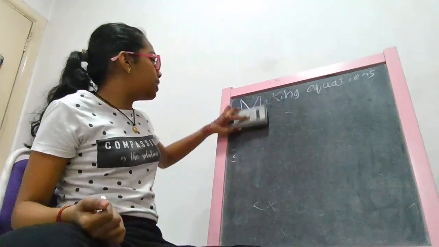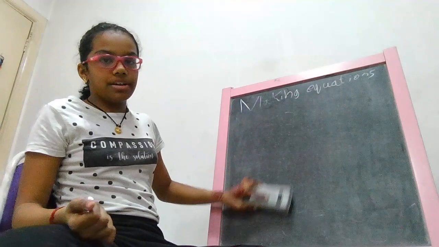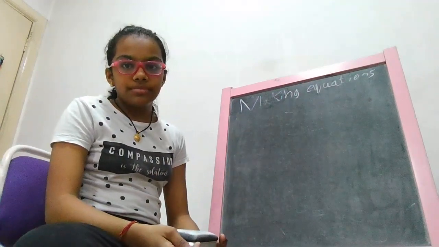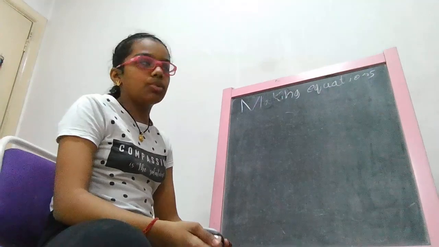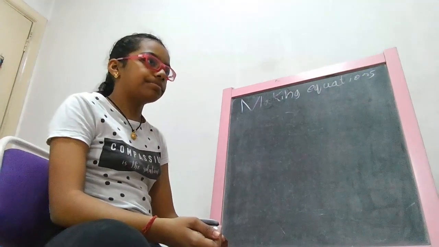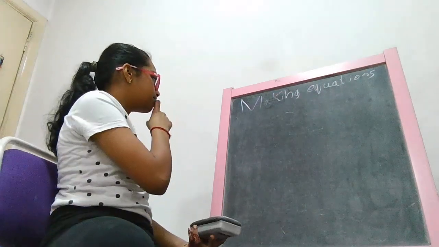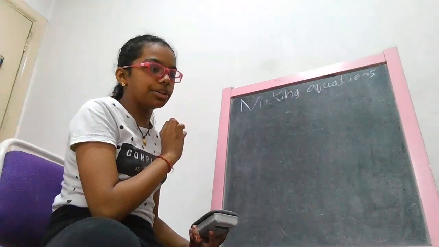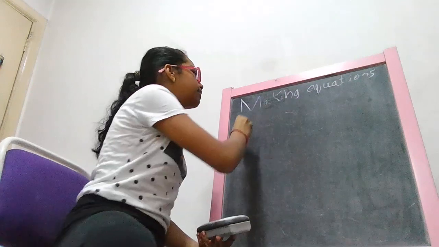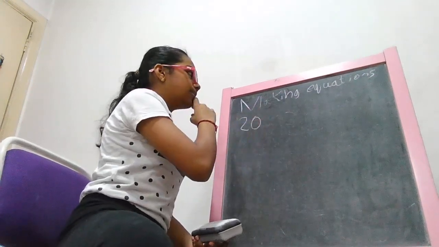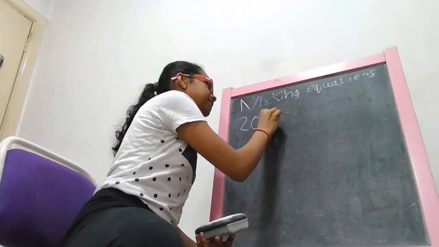Now I'm going to give you an equation to make, okay? So let's do it like this. If at the start of the school year there were, let's say, 20 chalk pieces.